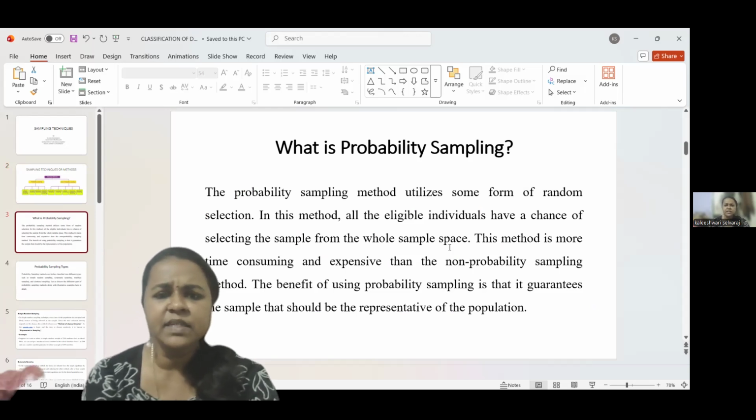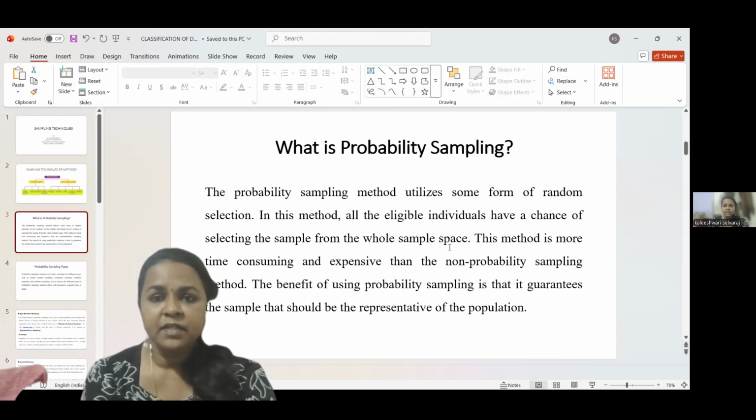Probability sampling is normally said to be a random selection method where the eligible individuals have an equal chance of participating in the sample collection process. Normally, probability sampling is a sampling technique which is used when your sample size is known. Suppose you are collecting data for a particular group whose definite population you know, then you will be using a concept from probability sampling.